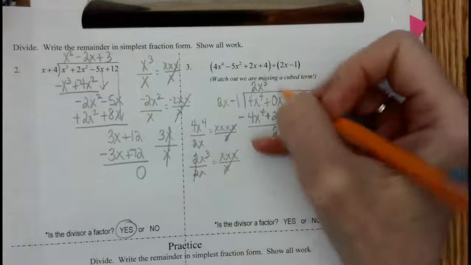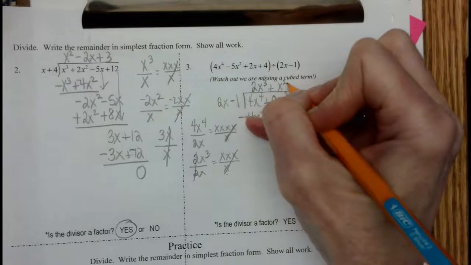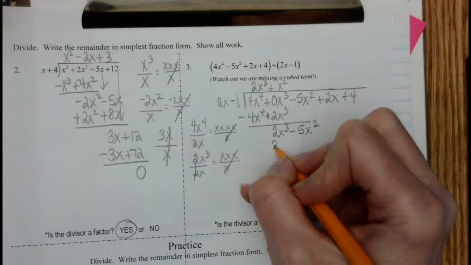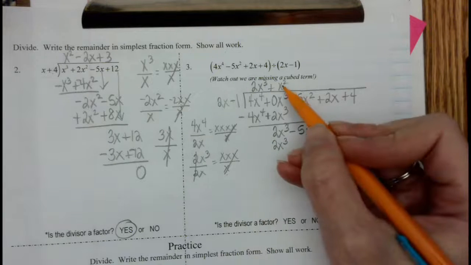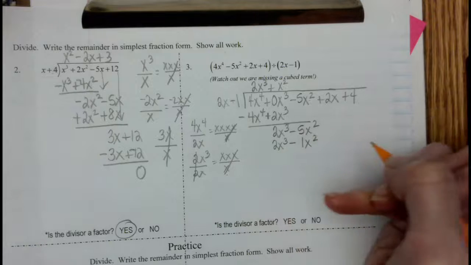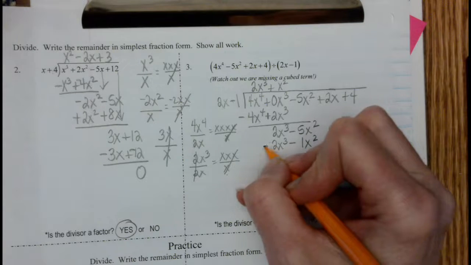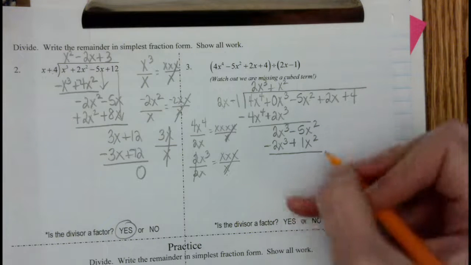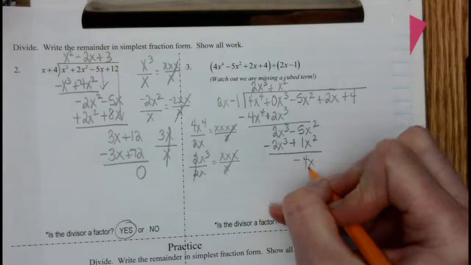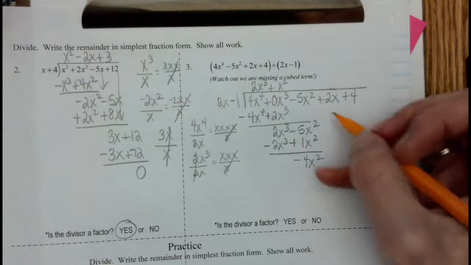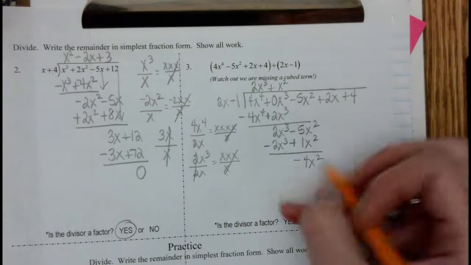It's positive divided by positive, which gives us positive x squared. x squared times 2x is 2x cubed. x squared times negative 1 is negative 1x squared. Change both signs. The 2x cubes cancel out, and we've got minus 4x squared. And we're going to bring down the 2x.